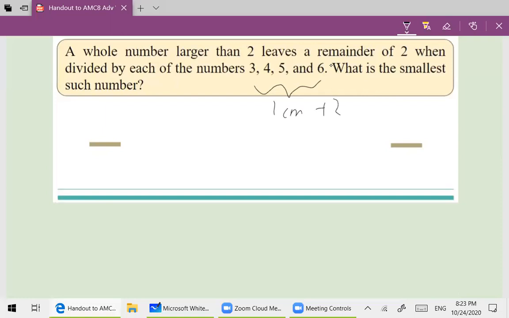The least common multiple of 3 and 4 is 12, and this takes care of 6. And the least common multiple of 12 and 5 is 60. So the answer is 60 plus 2 equals 62.